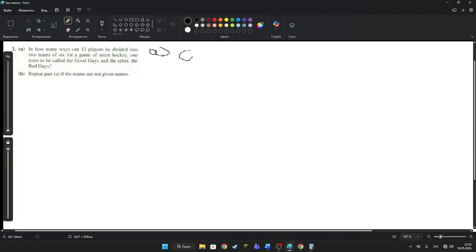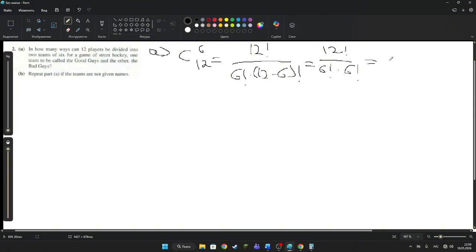So it's going to be like this. It's equal to C(12, 6), and if we just calculate it, it's going to be 924.